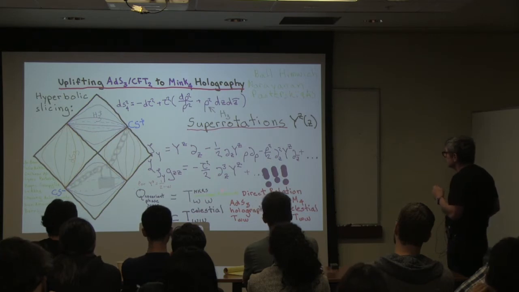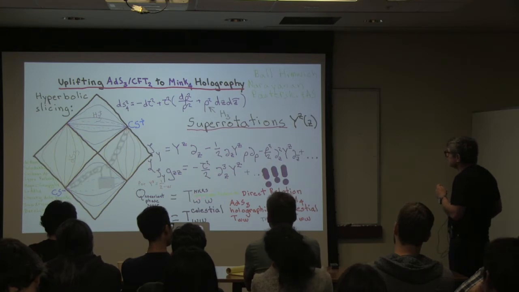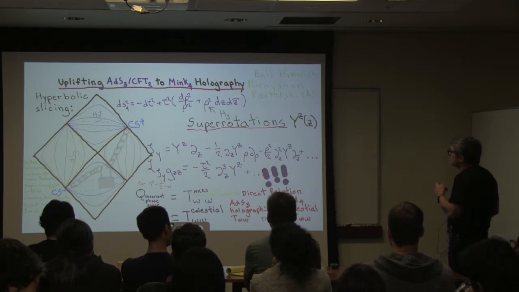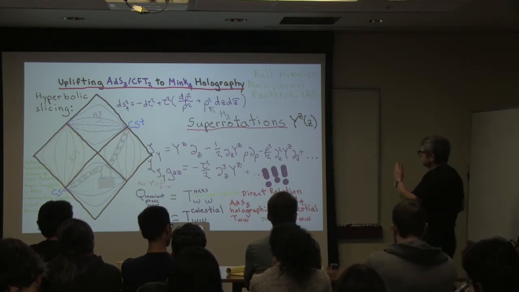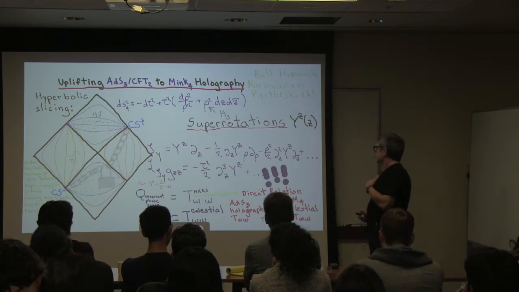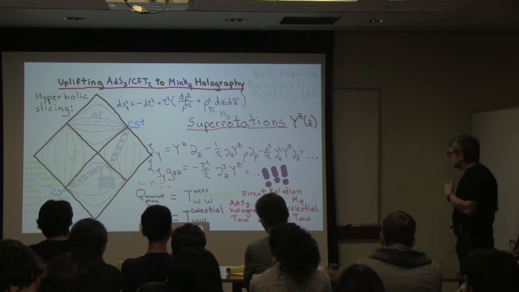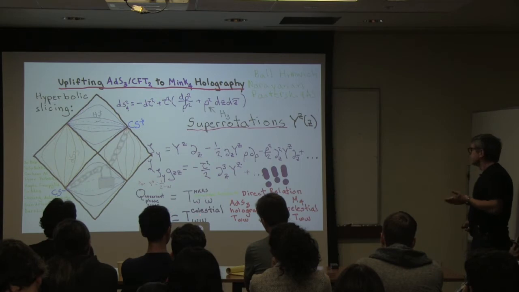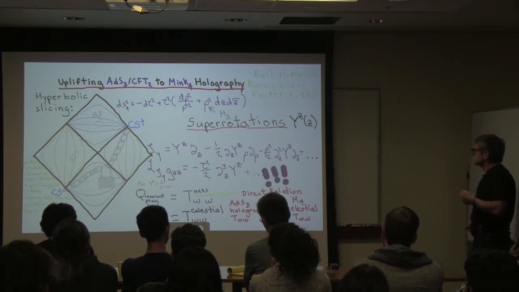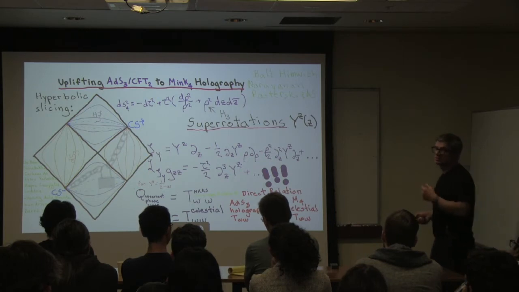So, sorry, the subleading linearized field mode of the metric, which is known in AdS to be the two-dimensional stress tensor. You get an operator. That operator can be thought of as the stress tensor of the celestial CFT.